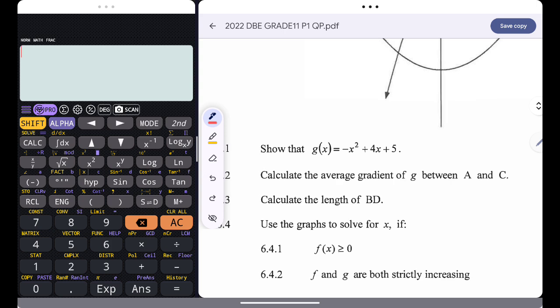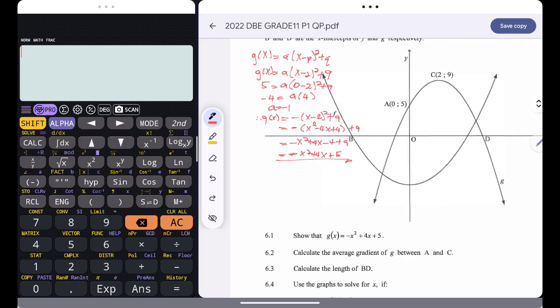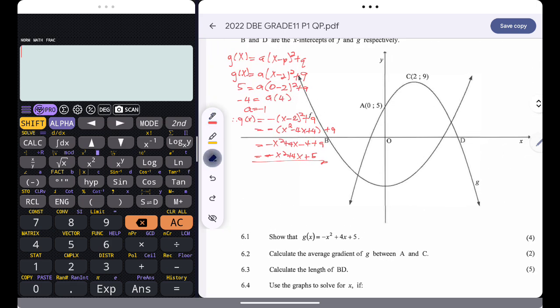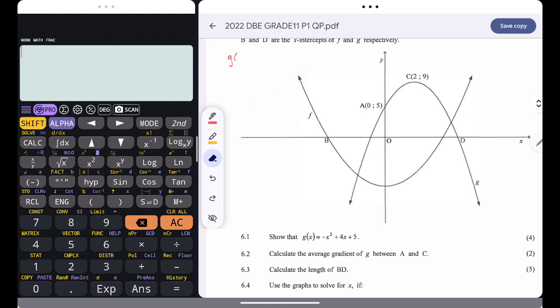Okay, and then now the second question, I'm supposed to calculate the average gradient between the 2 points A and C. How can I find the average gradient between 2 points? I must just use the average gradient formula, which simply says the gradient of line AB is y2 minus y1 all over x2 minus x1.